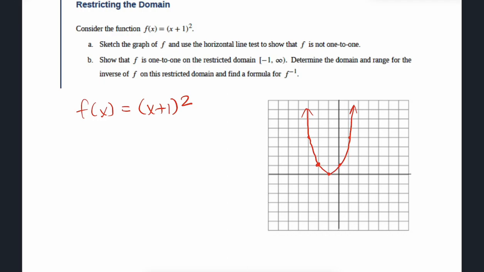So that is our new function. Now, what they said is show that it is not one-to-one. So right now, look, it fails that horizontal line test.